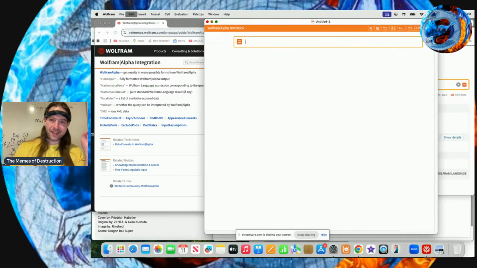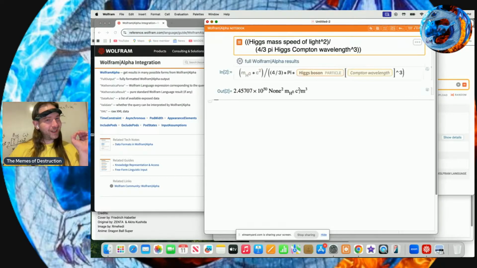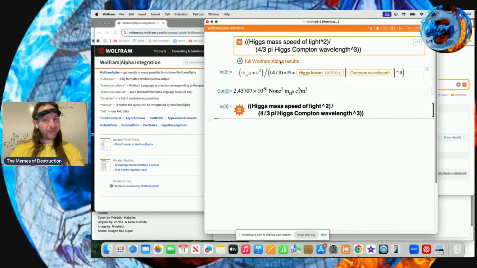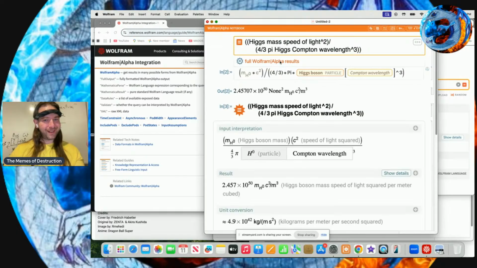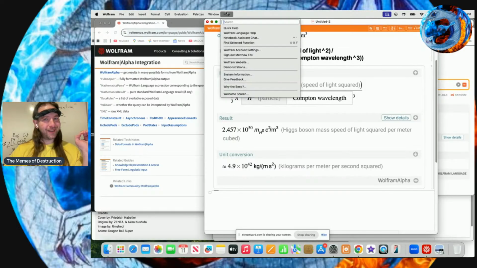We're going to literally try to do the lazy thing and have Wolfram Alpha do the hard work. Okay, we got the full Wolfram Alpha results. Now, since we have all the stuff here, and it can output the little code and stuff, let's use our little notebook assistant.